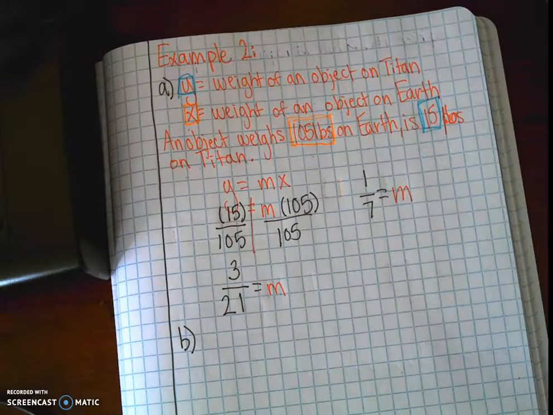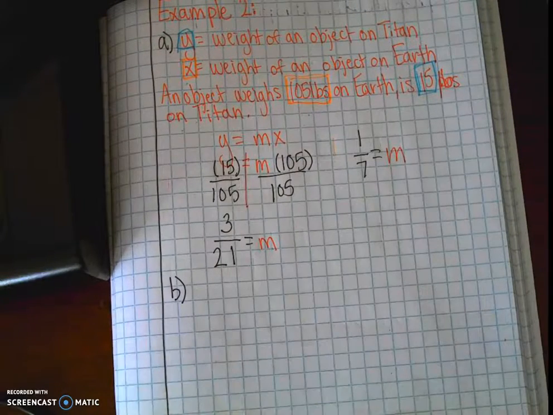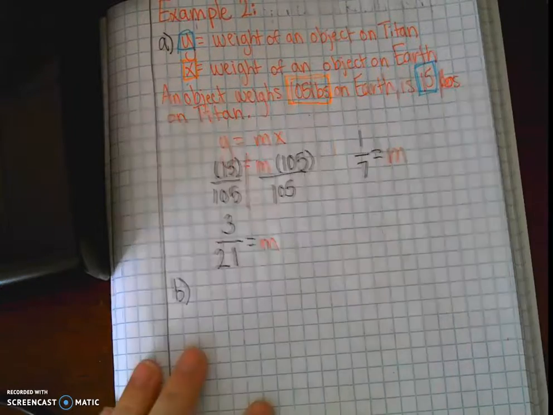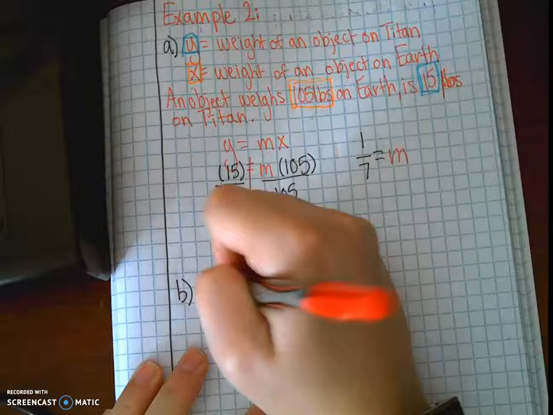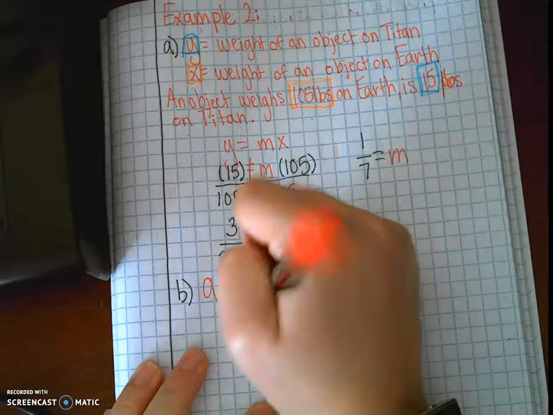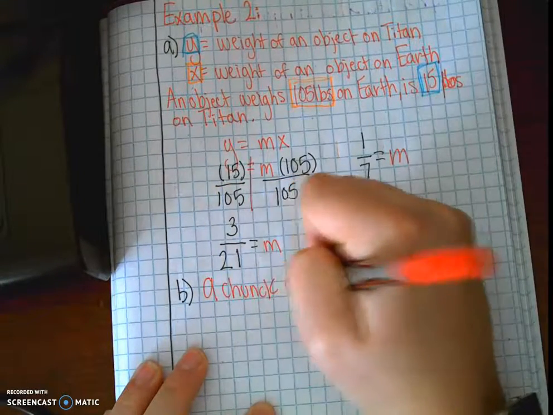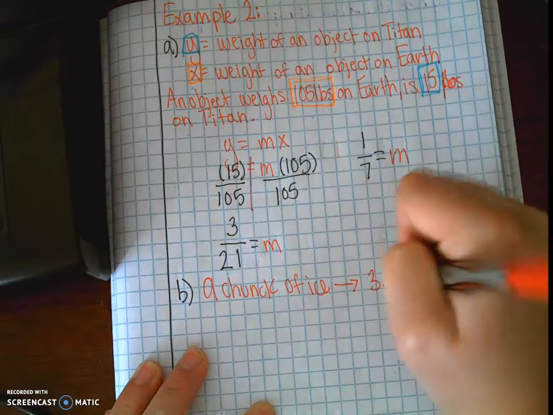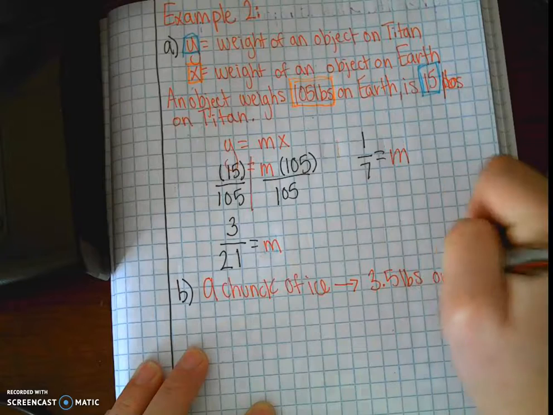Now part B tells us how much would a chunk of ice that weighs 3.5 pounds on Titan weigh on Earth. So we have a chunk of ice, and that chunk of ice weighs 3.5 pounds on Titan.